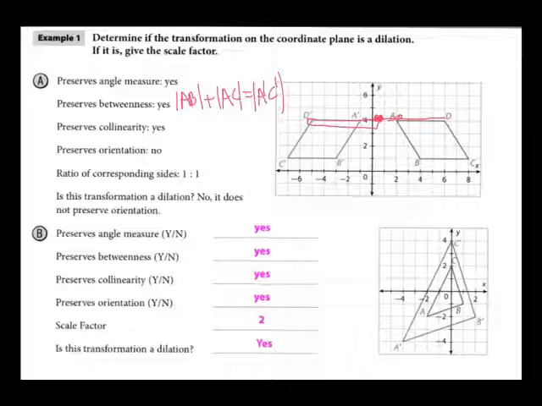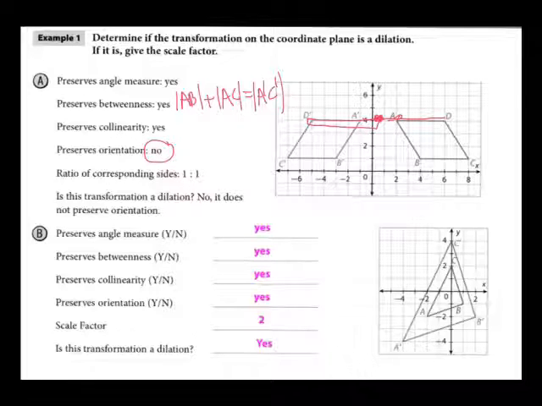Now as far as collinearity, yes, there is collinearity. D prime, A, and D are all on the same line. C prime, B, and C are all on the same line. However, there's no orientation.